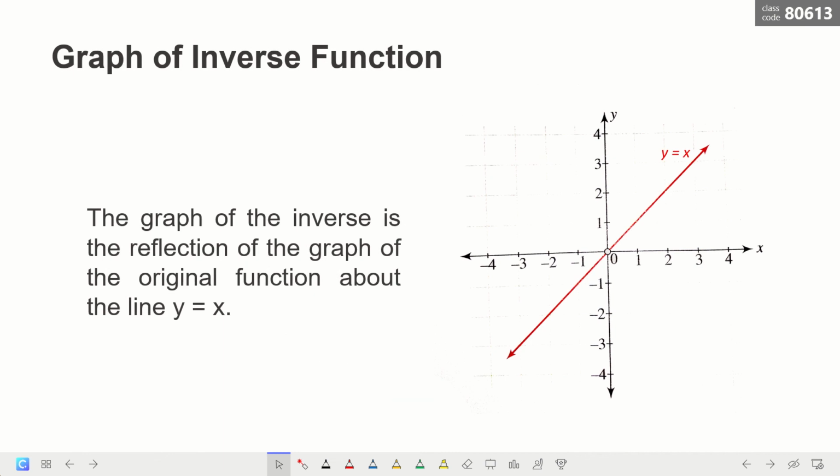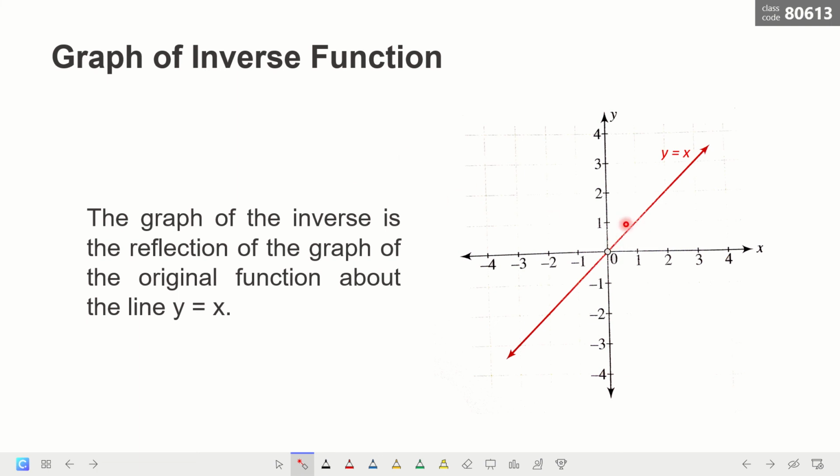Okay. So, now, let us now talk about the graph of the inverse of function. So, sabi dito, the graph of the inverse is the reflection of the graph of the original function about the line y is equal to x. So, ang y is equal to x natin is ito.